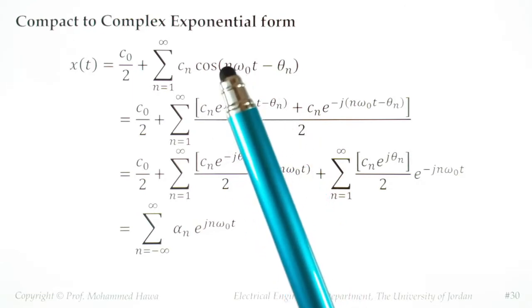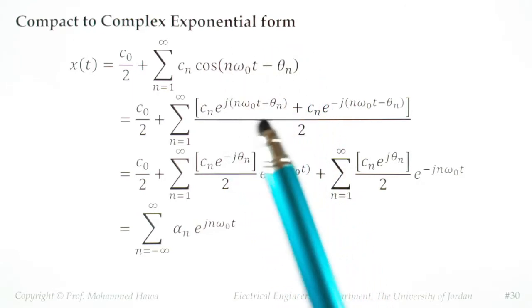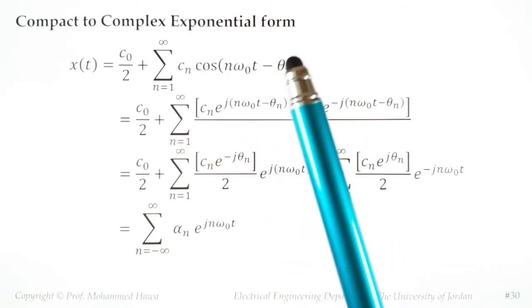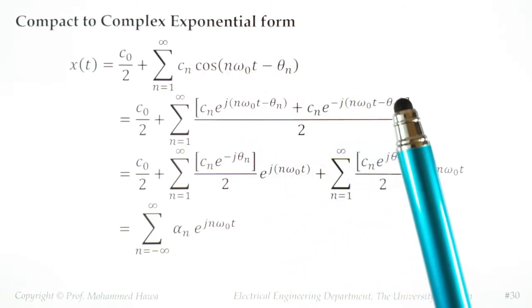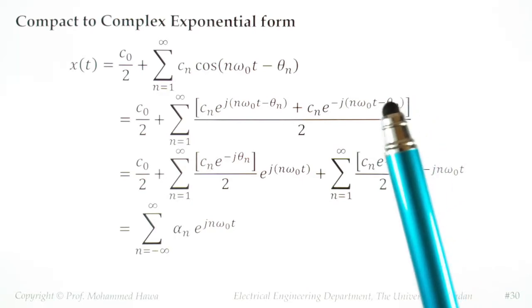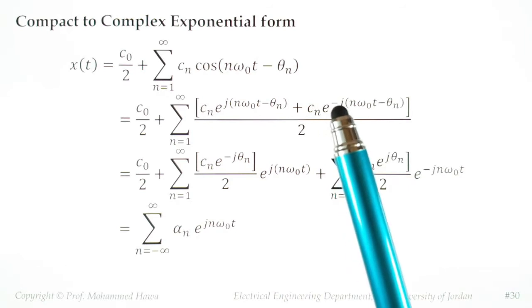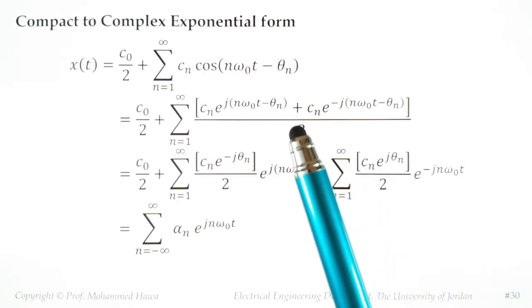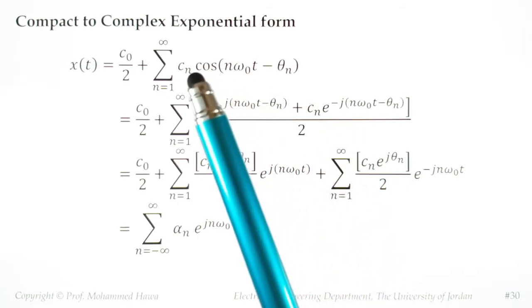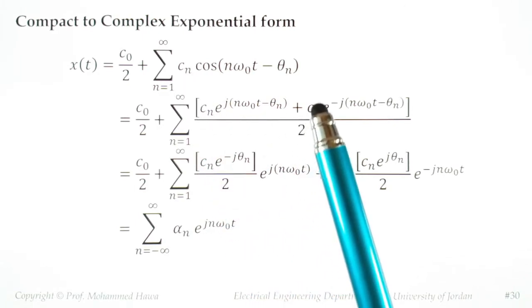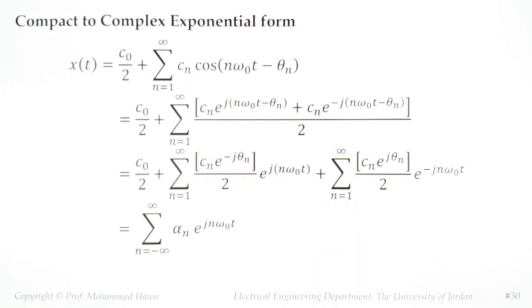So e to j, this thing here, plus e to minus j, this time negative, of that thing here, n omega naught t minus theta n. And after you add the two exponentials, the positive complex exponential and the negative complex exponential, divide by 2, you're getting the cosine. Of course, the cosine is multiplied by Cn, so I multiplied by Cn here and I multiplied by Cn here. Nothing changed.